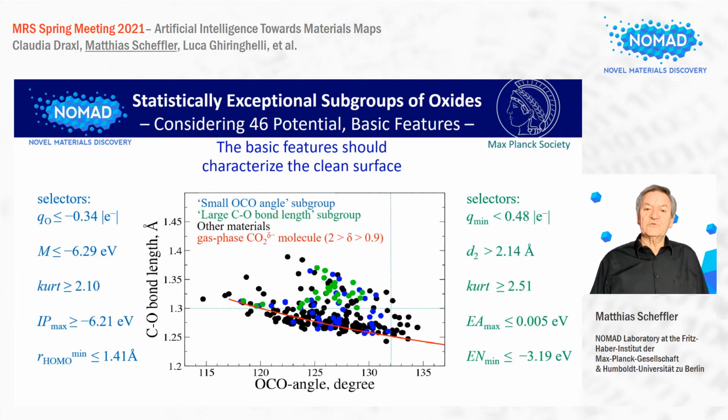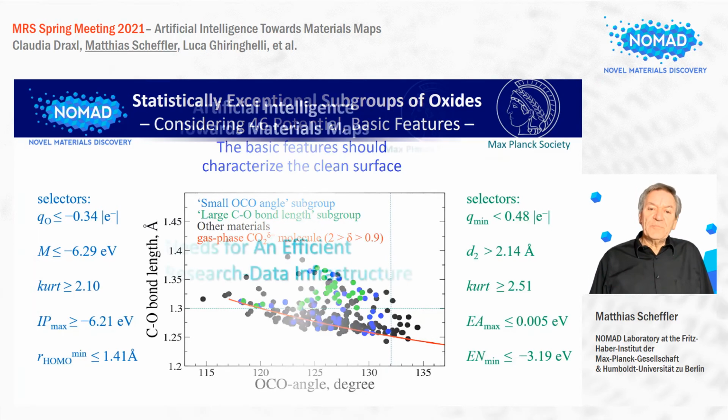Most materials with good catalytic performance belong indeed to these two subgroups, blue and green. Thus, we conclude that searching for a good catalyst, one should look at the region in material space that is defined by these two subgroups, and one can ignore the other materials.